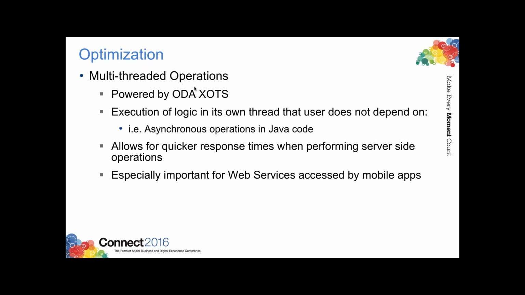And this kind of method really works great, especially when it comes to mobile apps, because the last thing you want is a mobile app to run a web service that is performing all kinds of logic that the mobile app doesn't even care about at the end of the day, but it has to sit there and wait for everything to finish so that it can return a result so that the mobile app can continue. So I really highly recommend multi-threaded operations.